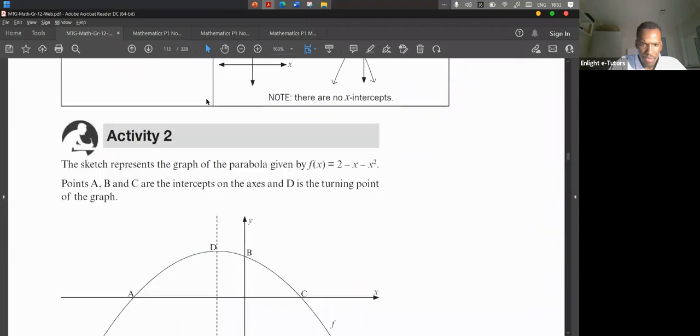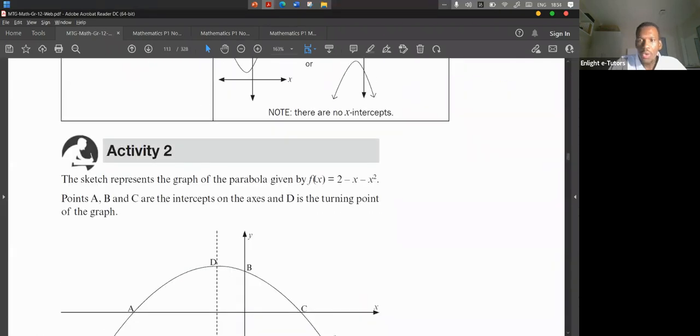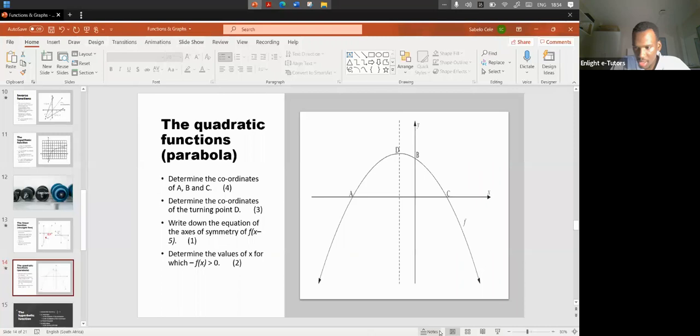Oh yes, the equation of the graph. This is the equation. Let me just copy it and paste it here so that it will be easier.